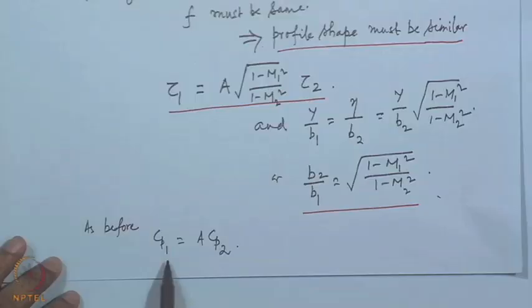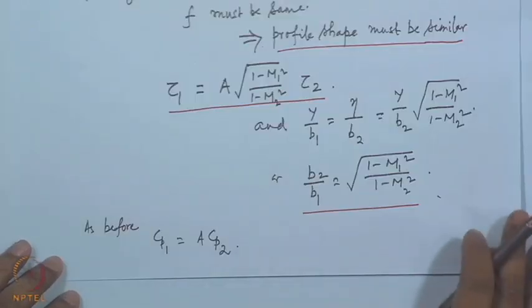So, any solution multiplied by a constant coefficient remains the solution. As far as the boundary condition is concerned, A is arbitrary. So, once this is known, then we can have the similarity rule.